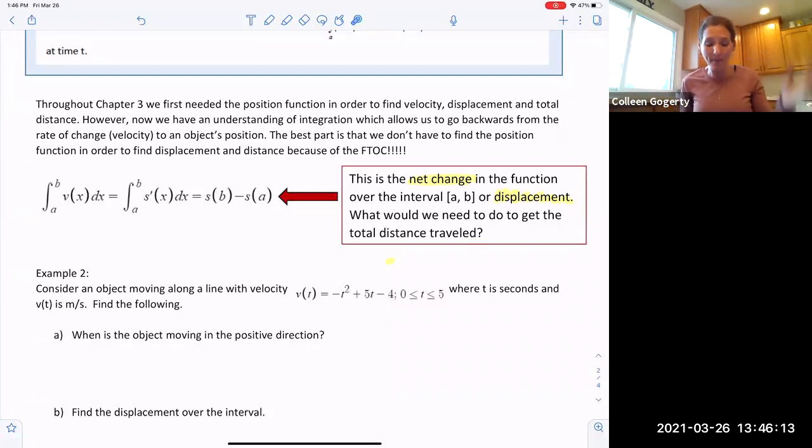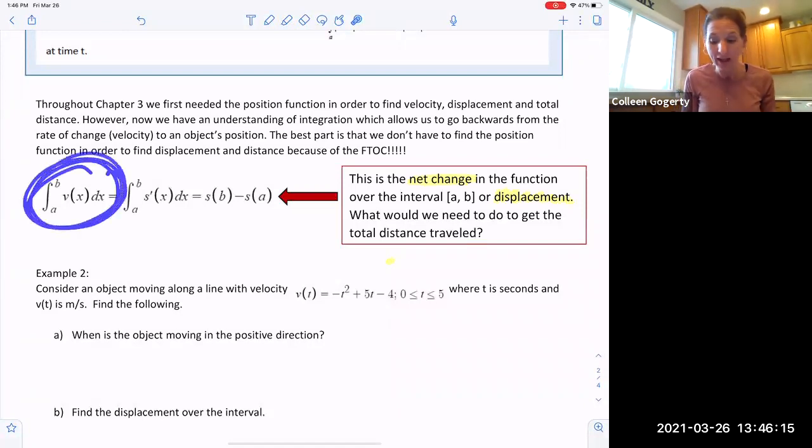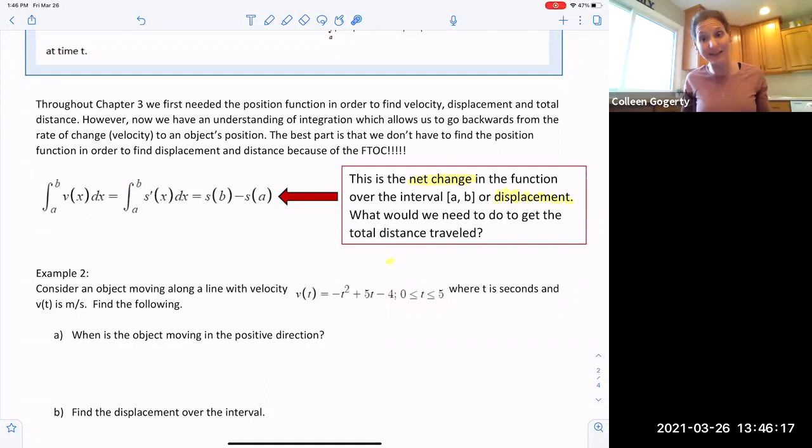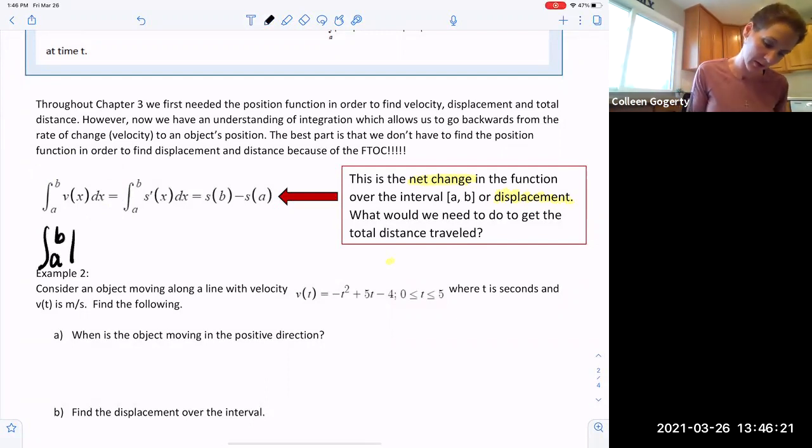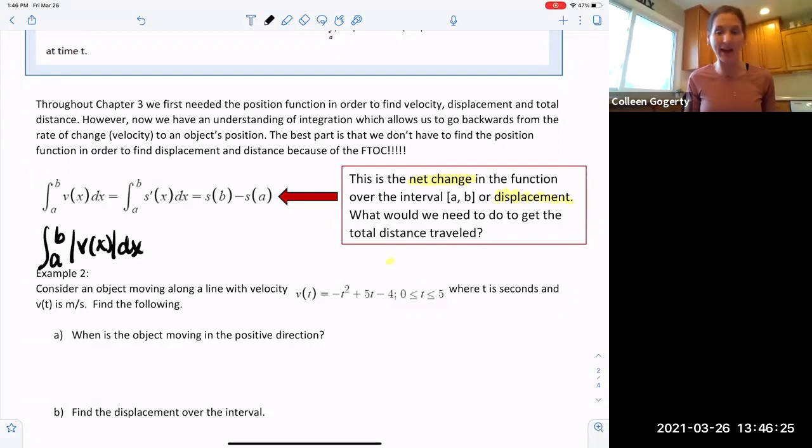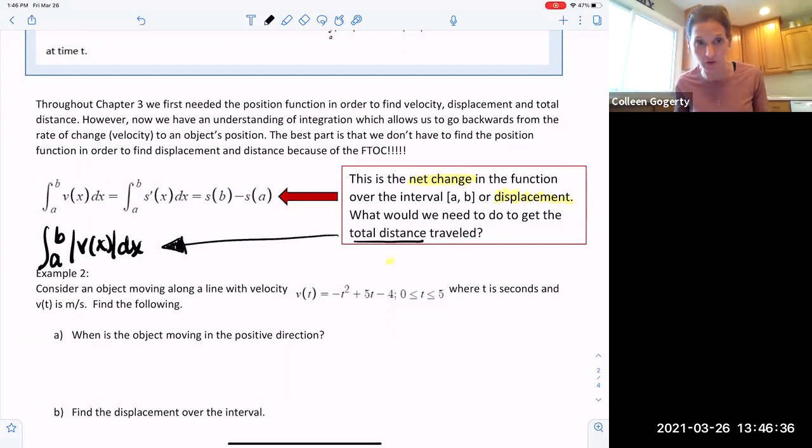So what happens to this equation if I want total distance? We've seen this before too. Now we need to take an absolute value. Don't forget that total distance always means we're taking the absolute value of the velocity function.